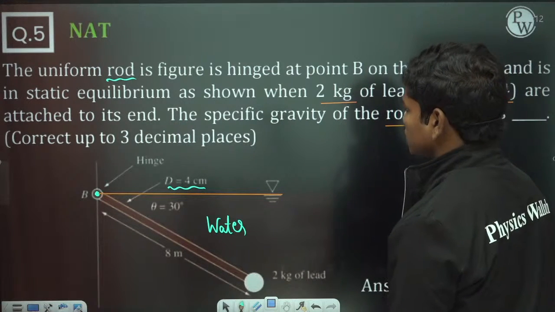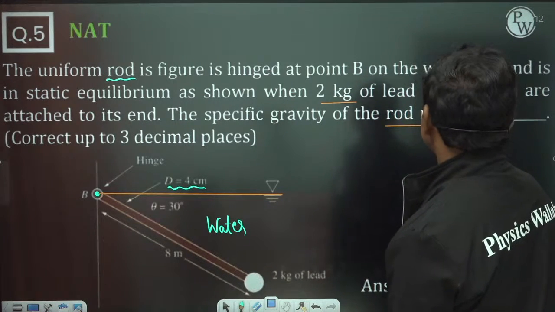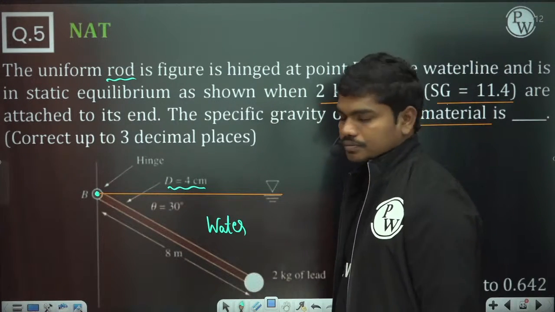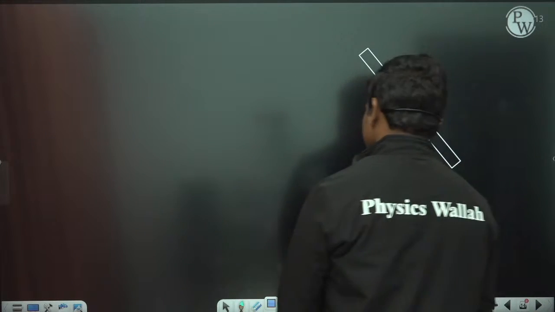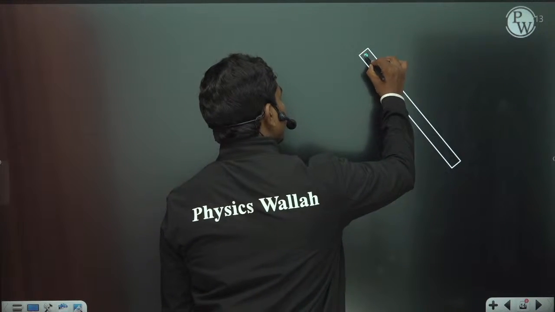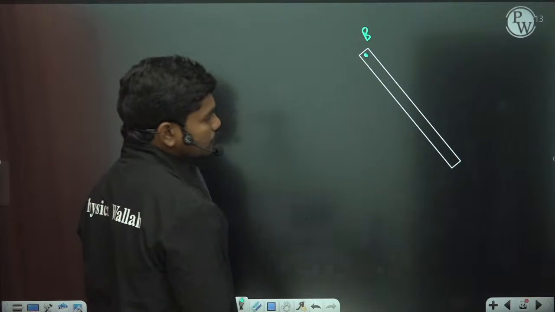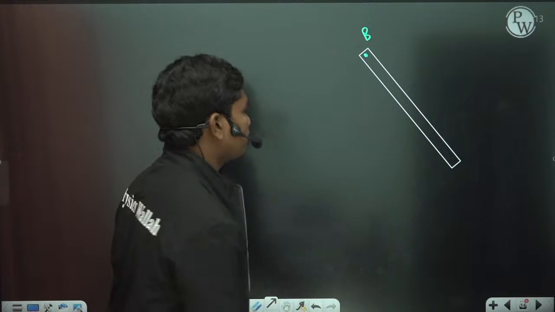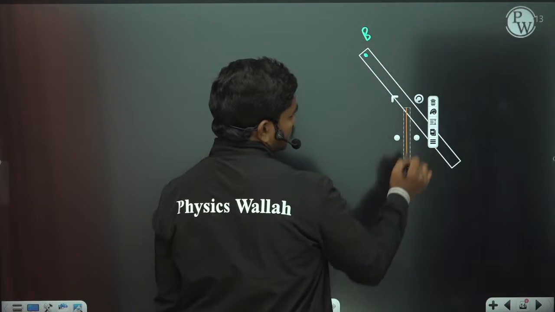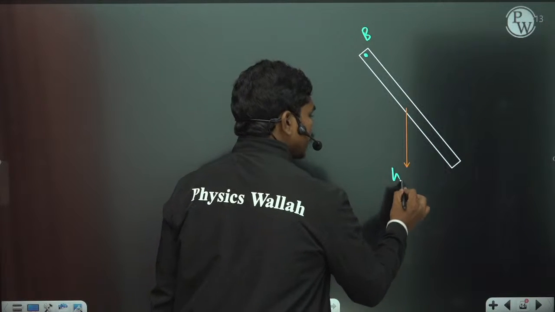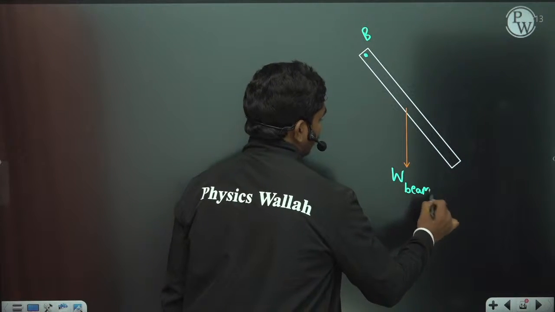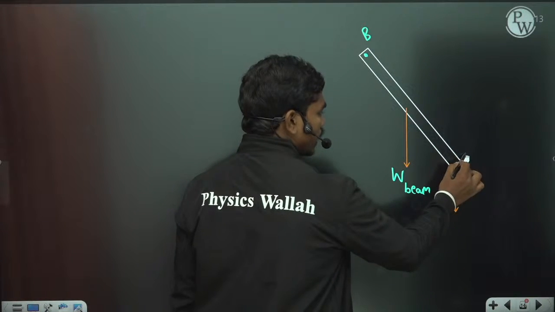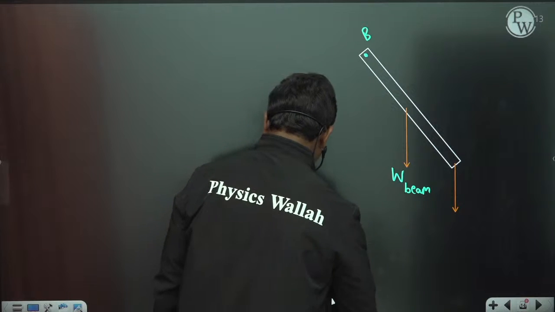This is hinge B. Now what are the forces acting on this beam? First of all, the weight of the beam acts exactly at the center. Similarly, there is the weight of the lead, which is attached here, and it acts here.